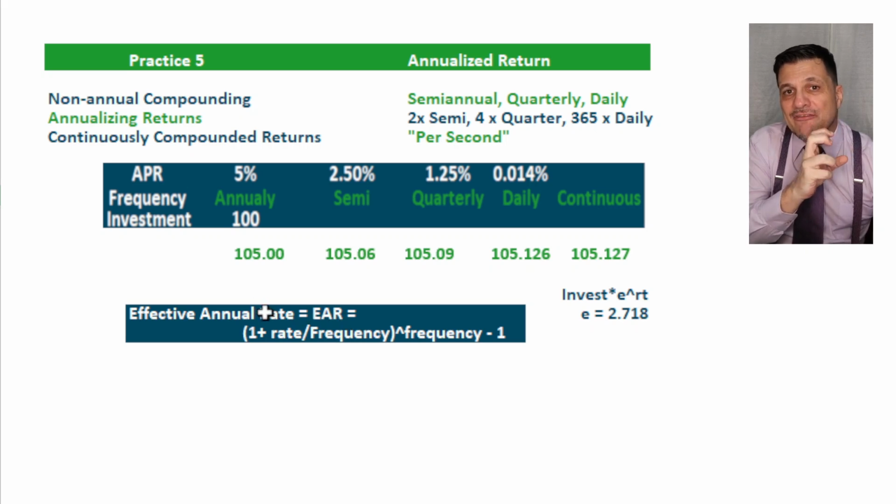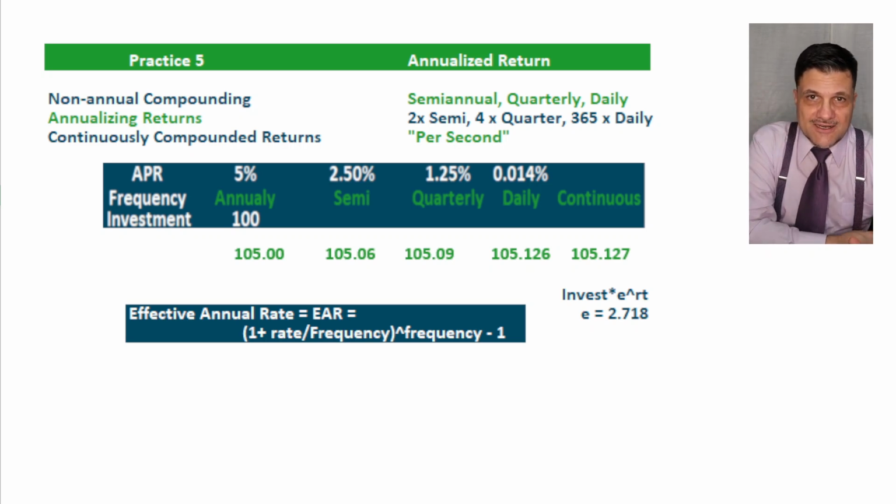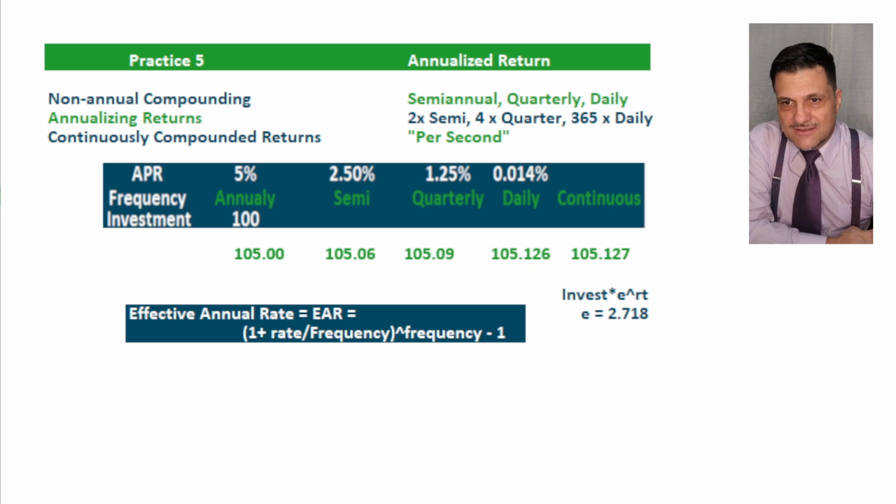Look, it's effective annual. Effective annual is different than the annual percentage rate. The EAR is the annual rate of a rate that's not compounding annually. Is that clear? Again, EAR is the annual rate of an investment that has a rate that's not compounded annually.